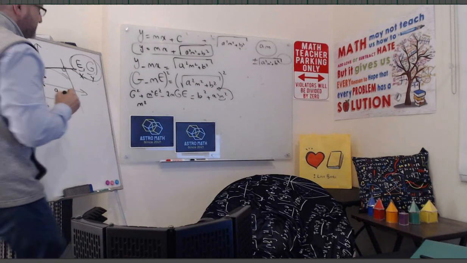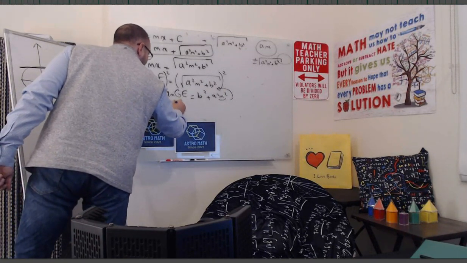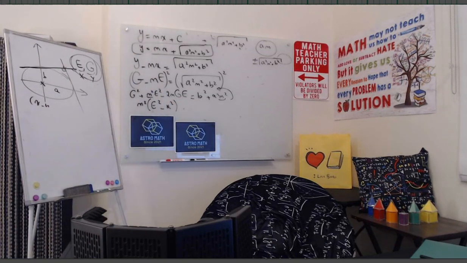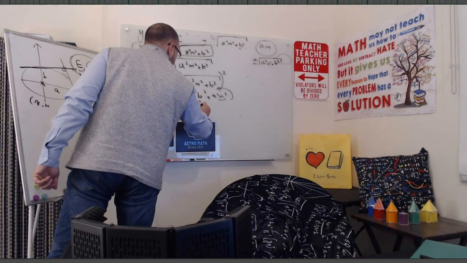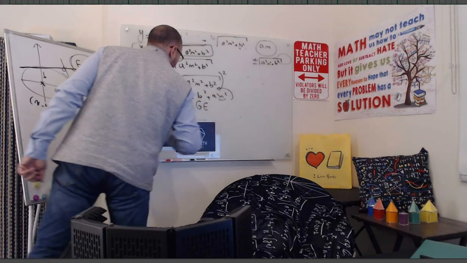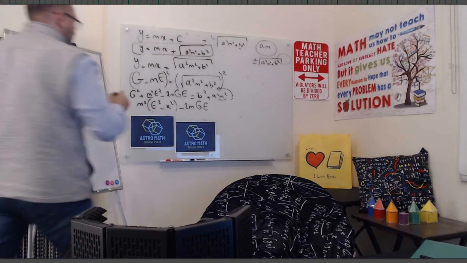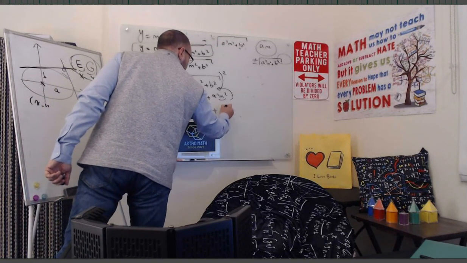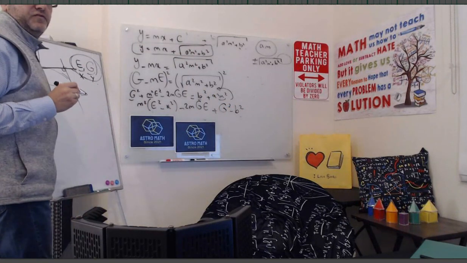So I got m²(e² minus a²). All agree? Minus 2mge. What am I left with? Plus g² minus b², of course, equals 0.